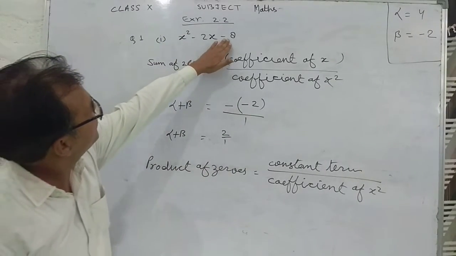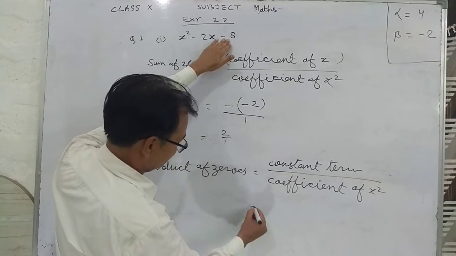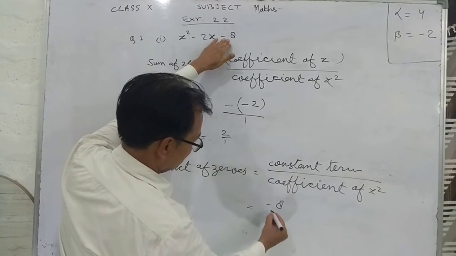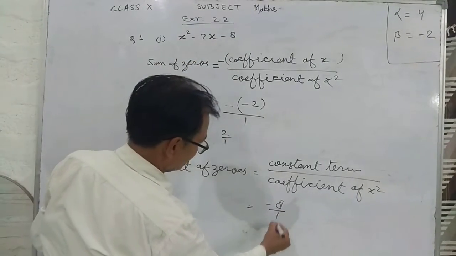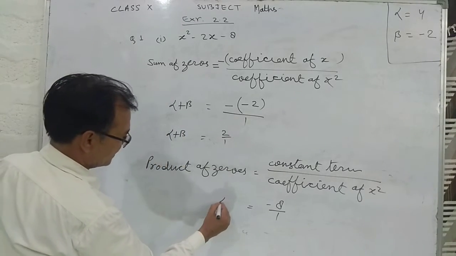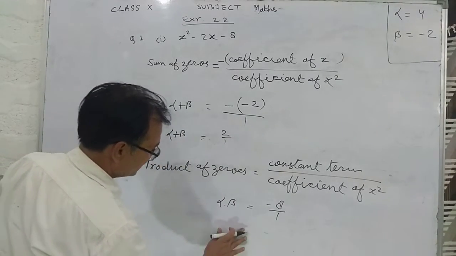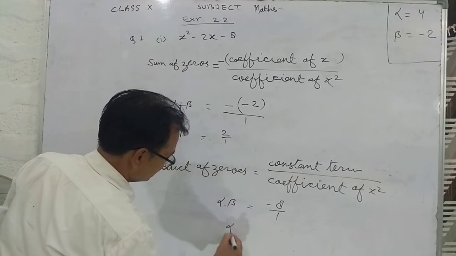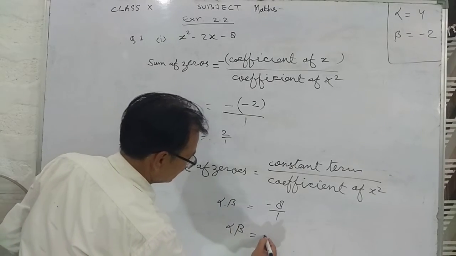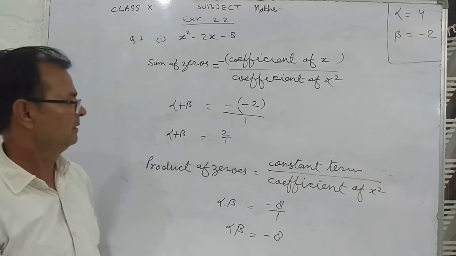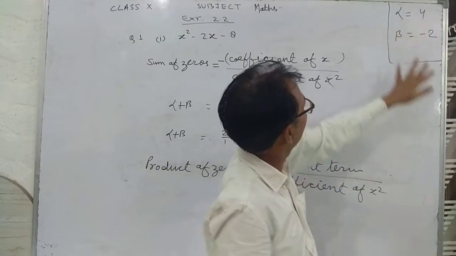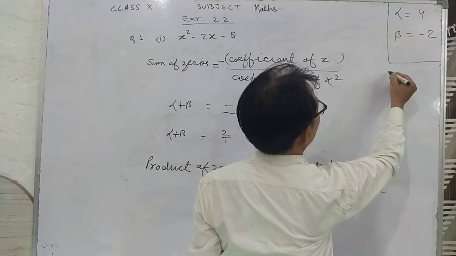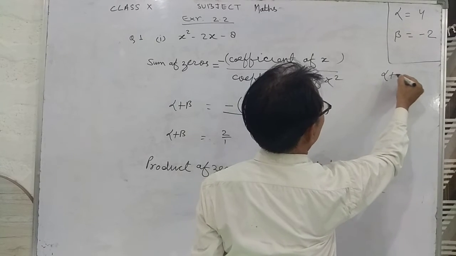Our constant term is minus 8 and coefficient of x square is 1 upon 1. Then alpha into beta we got as minus 8.